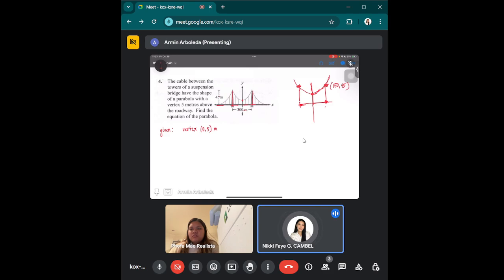And on the other side, we already have negative 150 and 45 as well. Do you get it? Okay. So we're given 2 points, positive and negative 150, and 45. So you already know how to solve this one, right? Can you solve this one? You can use either the positive or the negative.